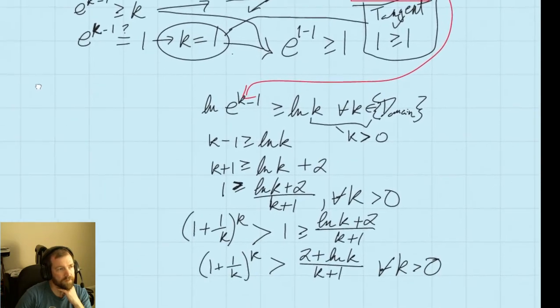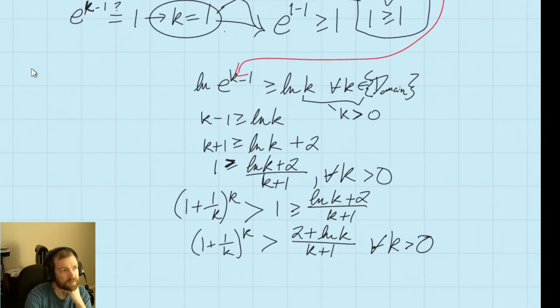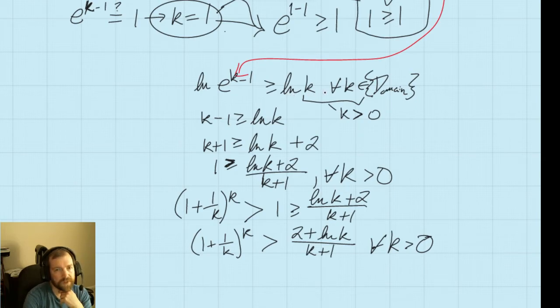Which then, we can say down here, the natural log of these things will be in the same relationship, provided that k is such that the domain exists. So the domain of these particular functions makes it such that k needs to be greater than 0. That's now the only restriction we have on this. Any real number greater than 0.